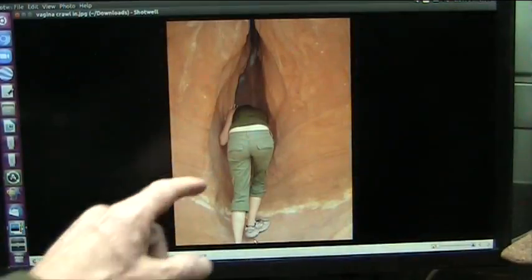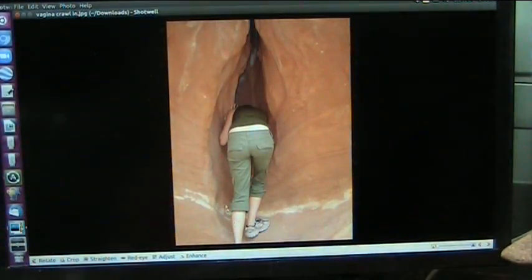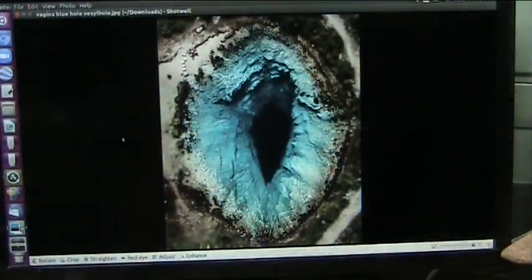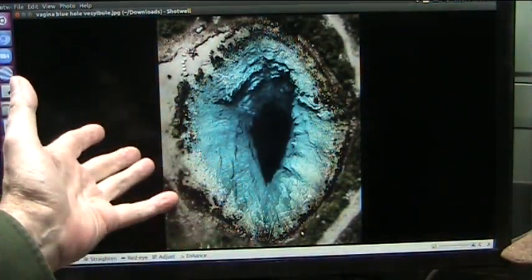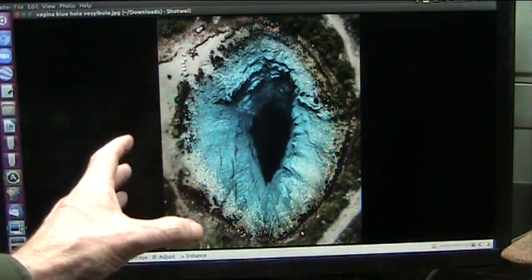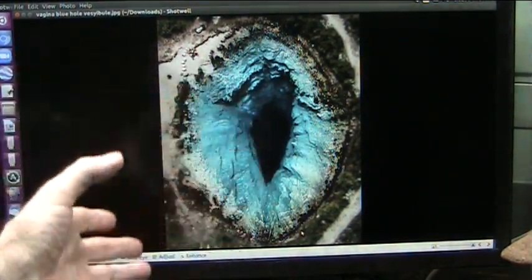Here's one. This is what they call a breech birth. Come out backwards. What do we got here? All right, there were blue people here, it appears to me. Now, whether or not this is just transition metal changes, I don't know.